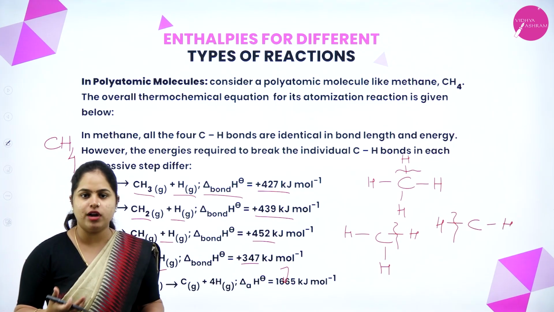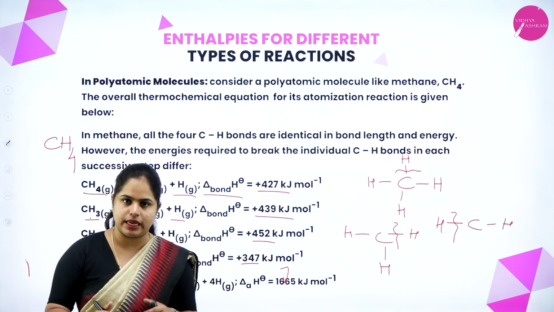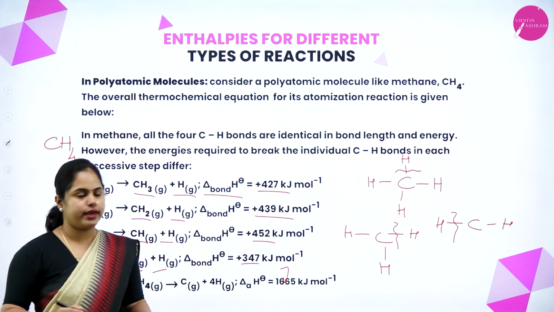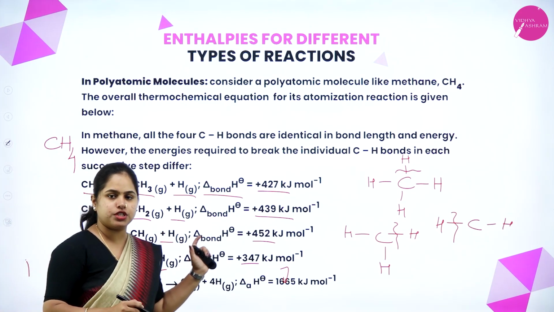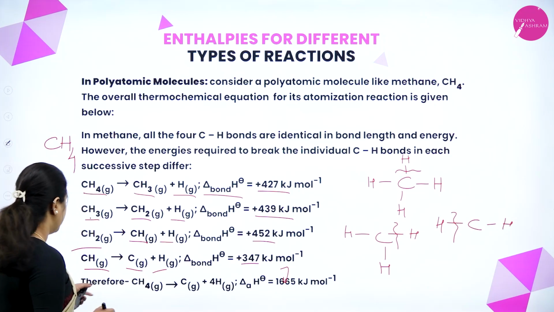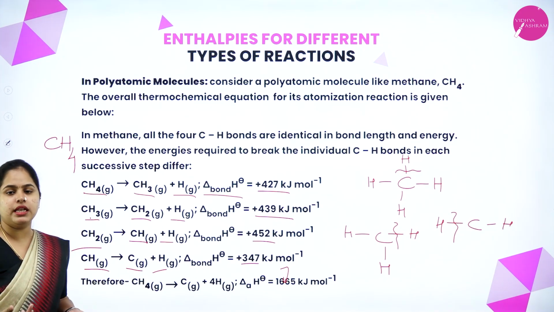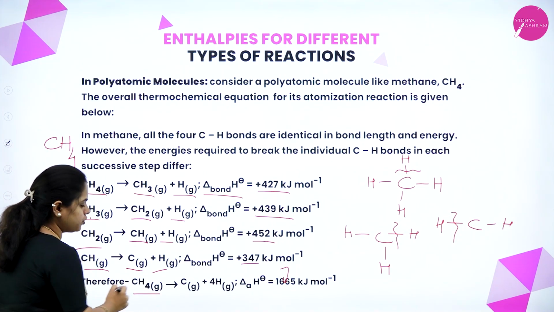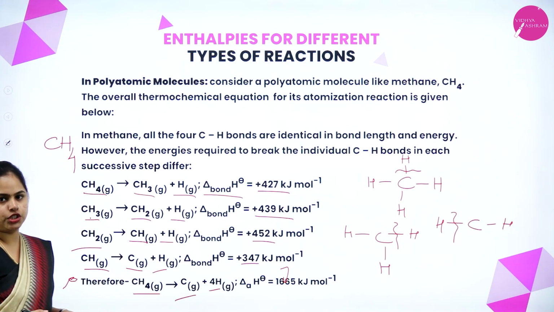So I hope the point is clear to you, because even though the bond lengths are same, each of the bonds is not broken down at a single time. Okay, so this is happening in different steps. That means the bond dissociation energy associated with each of the steps will be different. Therefore, we have to take the average of this, right? Or the mean enthalpy of this. So therefore, the overall reaction can be written as CH4 broken down into carbon and 4 atoms of hydrogen, right?